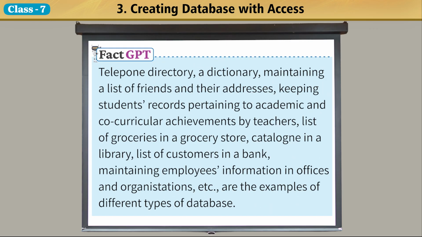Telephone directory, a dictionary, maintaining a list of friends and their addresses, keeping students' records pertaining to academic and co-curricular achievements by teachers, list of groceries in a grocery store, catalog in a library, list of customers in a bank, maintaining employees' information in offices and organizations, etc., are the examples of different types of database.